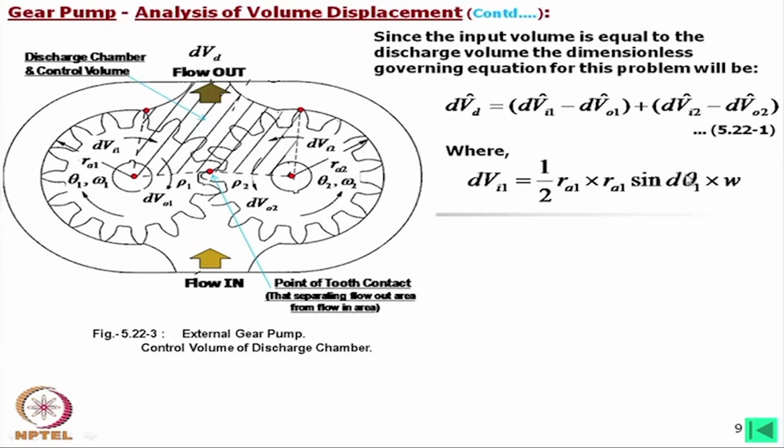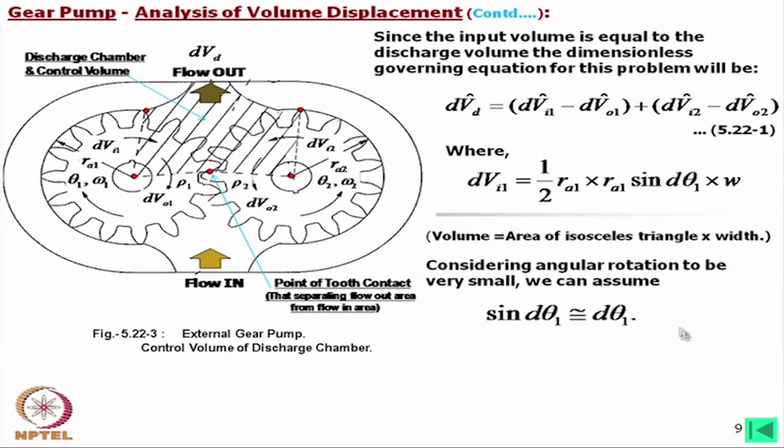If we consider this infinitely small amount of shaft rotation, the sin theta part will be something like this here, that part into this length which is R_A1 into half of that. We have considered the area of the triangle and then multiplied with the width of this gear W. This is simply the area of an isosceles triangle times the width.